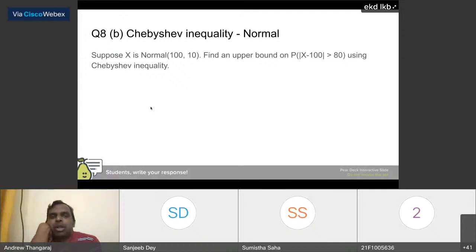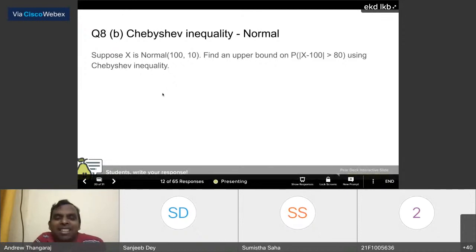A straightforward application of Chebyshev. It's probably one of the simplest problems. I don't know. Maybe I should have complicated this a little bit more, but all right. We'll see.